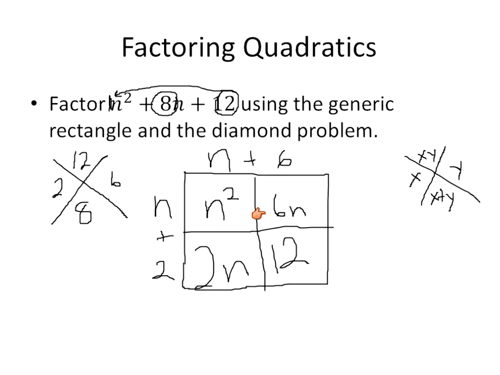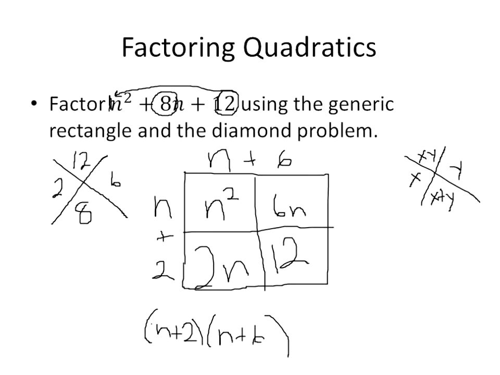Okay. So my factors for n squared plus 8n plus 12 are, and notice I'm going to rewrite it. Don't just leave it on the generic rectangle. You need to actually write it out. n plus 2 times n plus 6. Okay.